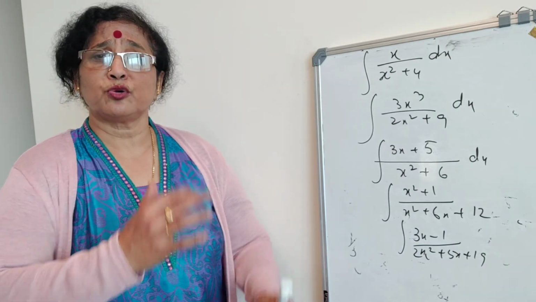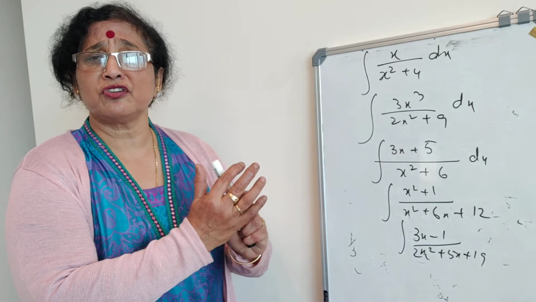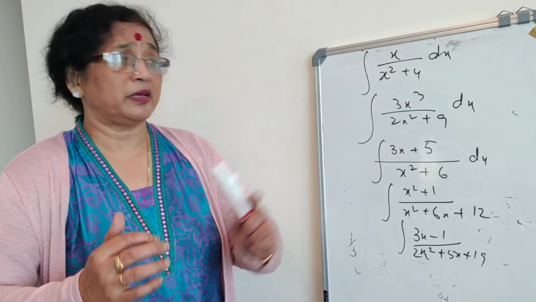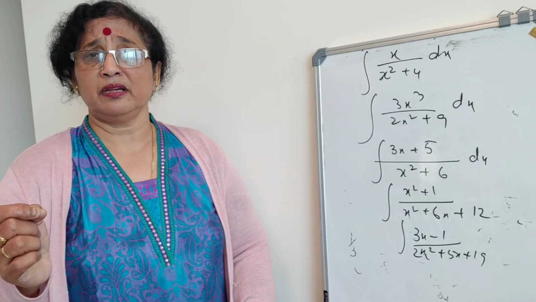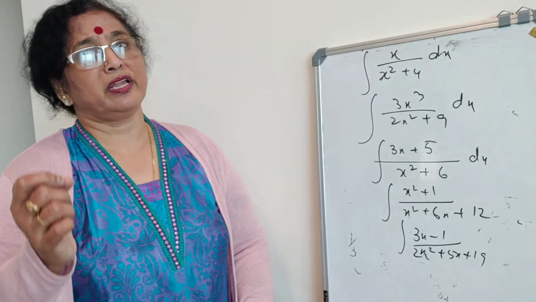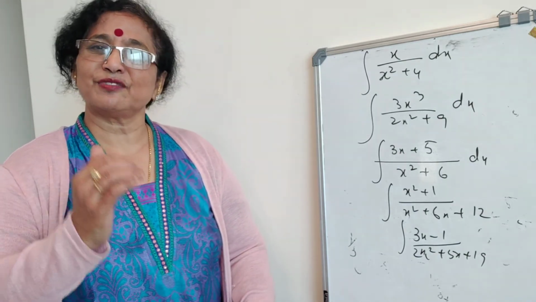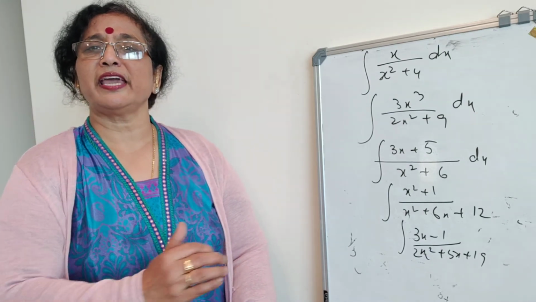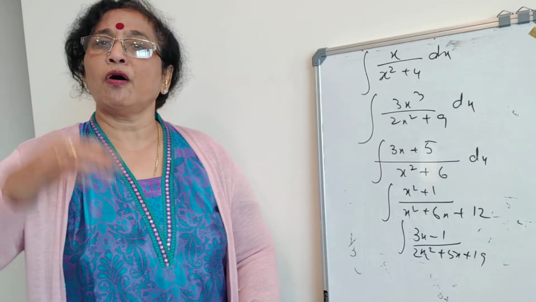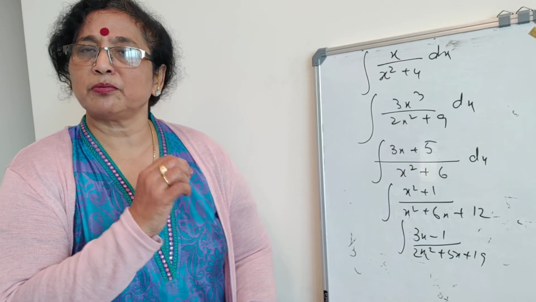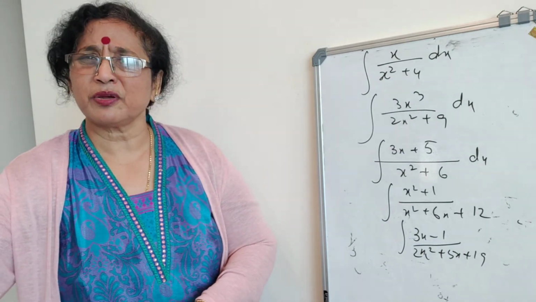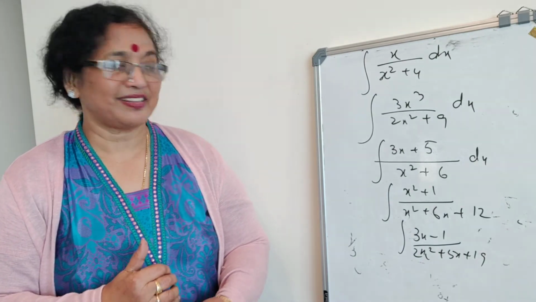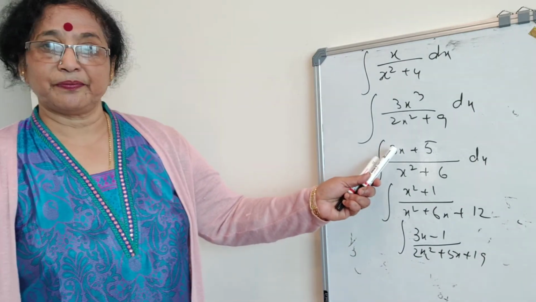We do division, so we get a quotient which will be only a function of x, and the remainder, because of the quadratic, can only be x and a number, or only x, or only a number, right? That is why the formula is only for 1 by ax square plus bx plus c, or it is cx plus small d divided by a quadratic. They don't give x cube and x squares because you have to divide that. Here the power is less, right?